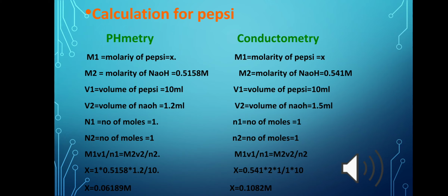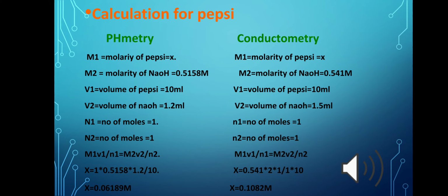N1, number of moles of Pepsi, 1. N2, number of moles of NaOH, 1. By using M1V1/N1 = M2V2/N2, we calculate the molarity of Pepsi as 0.06189 molar.